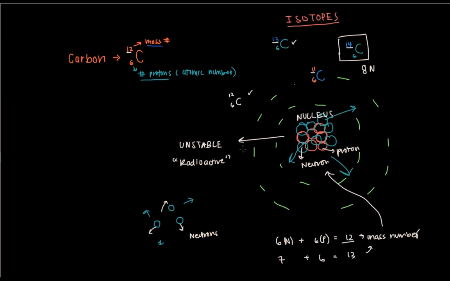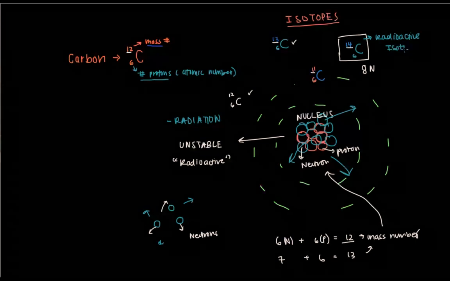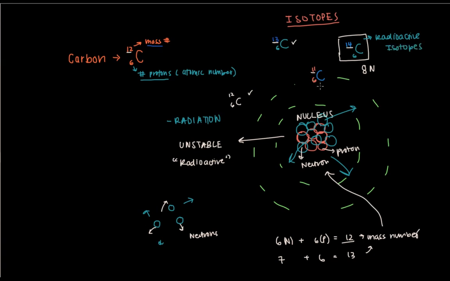And that instability is what causes radiation that comes off of the isotopes. So we call these types of things radioactive isotopes. We don't call this one radioactive, no. We don't call this one or this one, but we call that one radioactive.